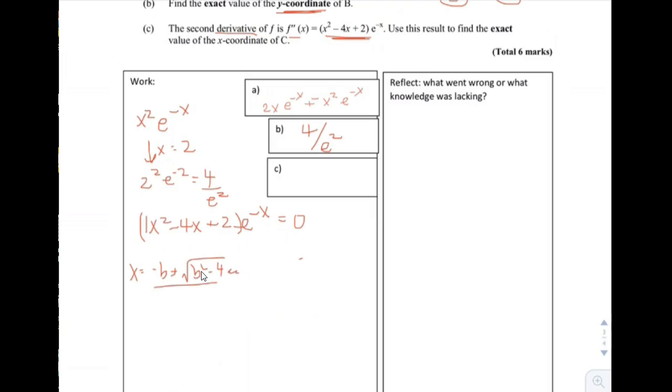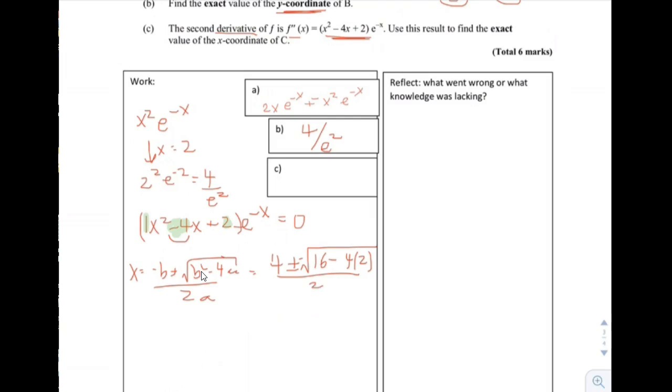Okay? All right. So b is going to be negative 4, and c is going to be 2, and a is going to be 1. So let's see, negative b would be negative of negative 4, which would be positive 4, plus or minus the square root of b squared, which would be 16, minus 4ac, which would be 4 times 2 times 1, all over 2 times 1.